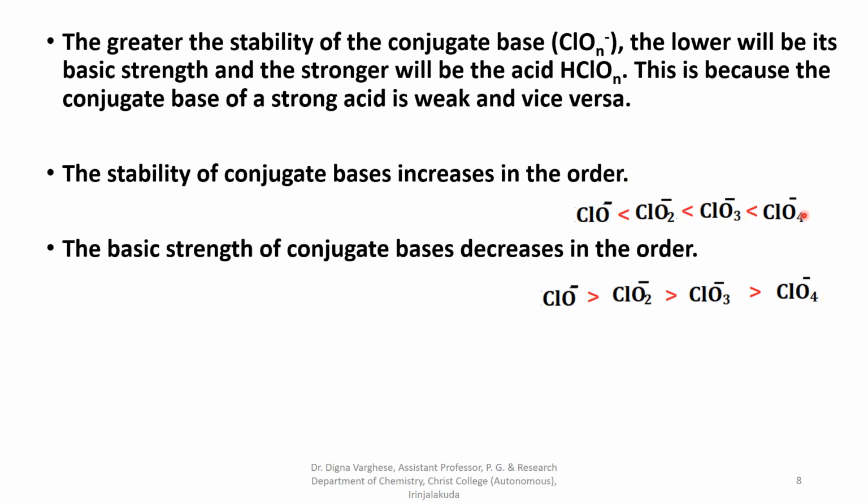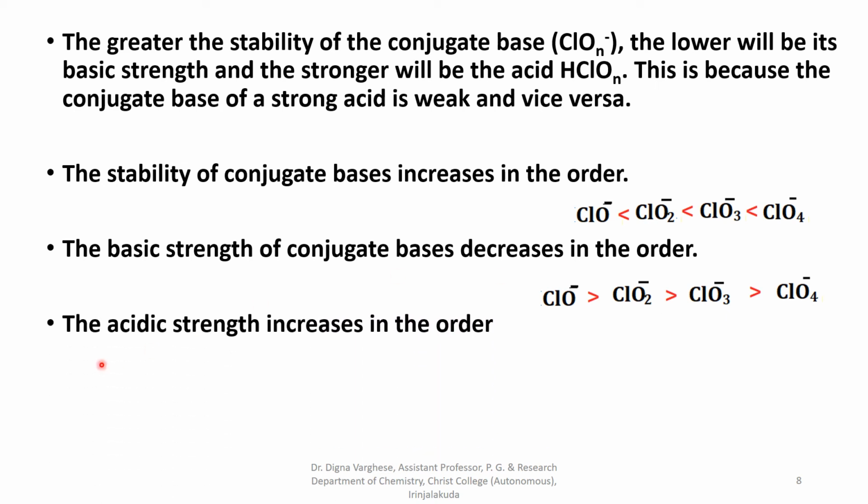Here the stability of the conjugate base is directly proportional to the strength of the acid. We can say the basic strength of the conjugate base is inversely proportional to the strength of the acid.